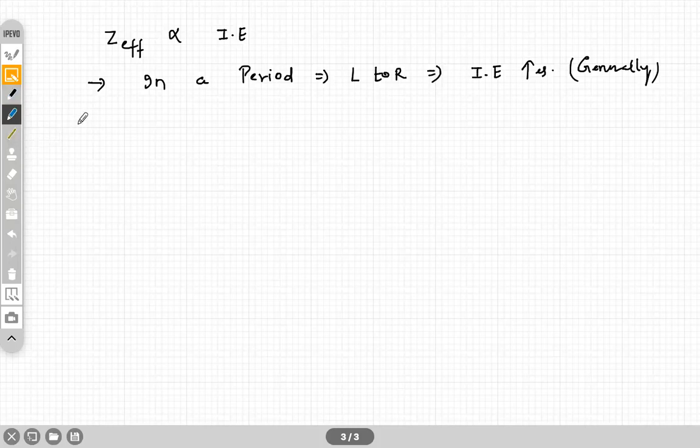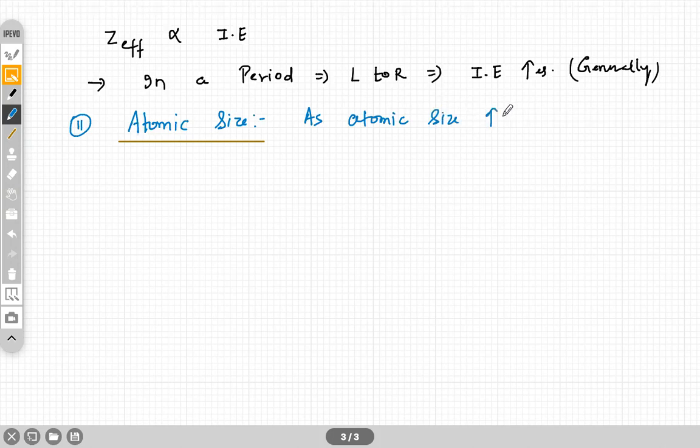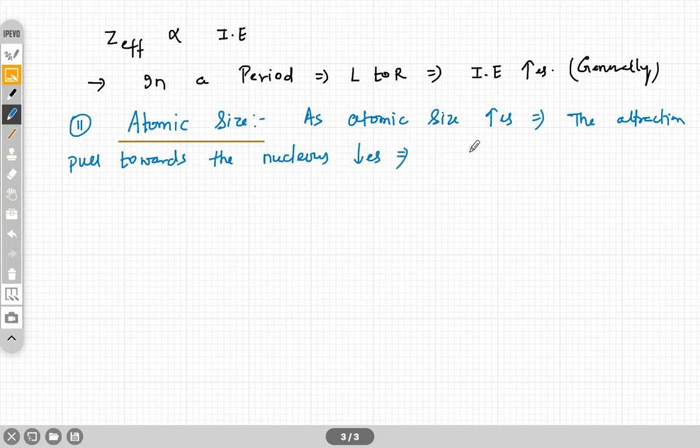Atomic size, the second factor we have. Write down as atomic size increases, the attraction pull towards the nucleus decreases, and hence the removal of electron is easier.